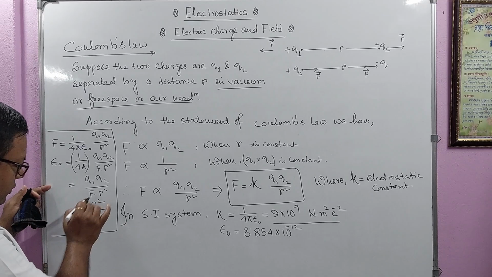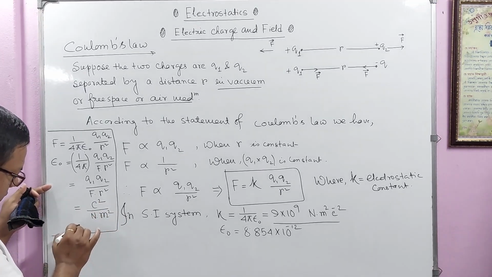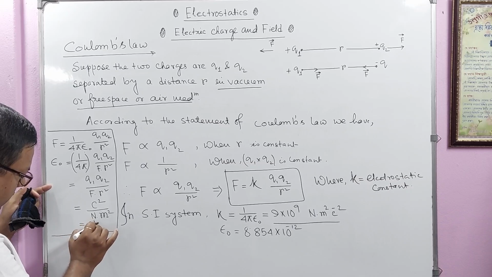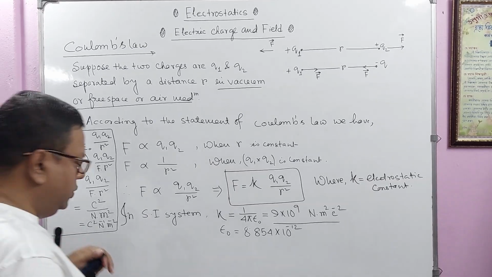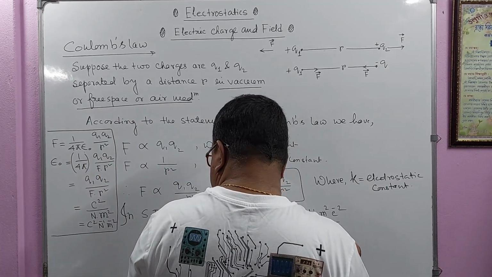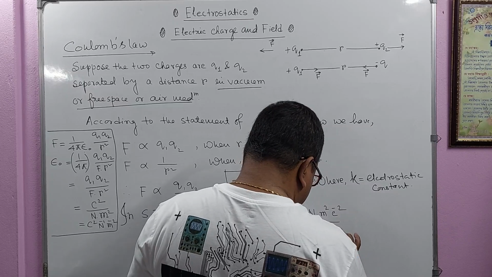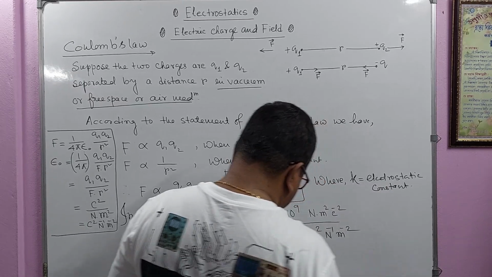Force, the SI unit of force is Newton and the distance is meter square. So it becomes Coulomb square Newton to the power minus 1 m to the power minus 2.